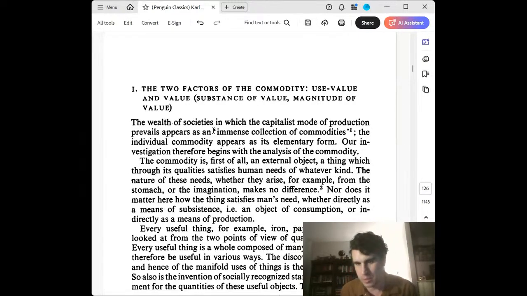The dominant mode of production. So we're talking about societies where the capitalist mode of production is dominant, but this use of the word dominant means that it's the primary mode of production, but not necessarily the only mode of production. Pure capitalism, where it's the only mode of production, doesn't exist.